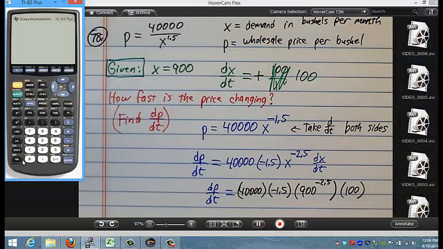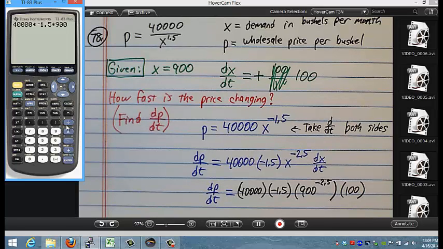All right, so let's see what we have. We have 40,000 times negative 1.5 times 900.